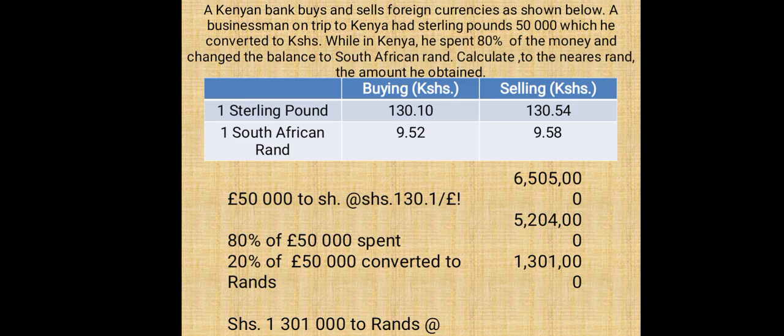He remained with 1,301,000 Kenyan shillings. Now converting 1,301,000 Kenyan shillings to rands at a rate of 9.58, the businessman got 135,804 rands.